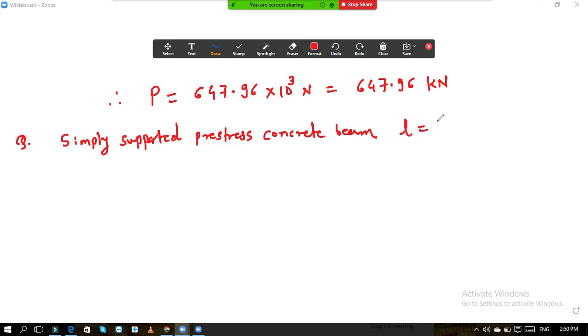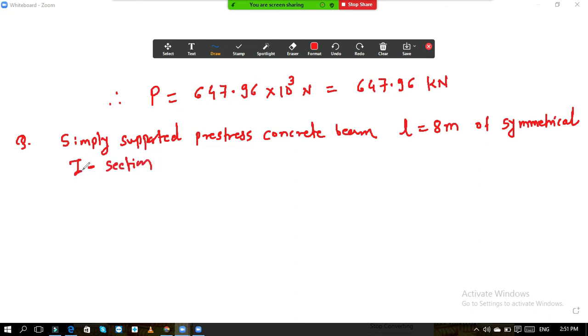Okay, so L is given to you as 8 meter, of symmetrical I section. It is not unsymmetrical, it is a symmetrical I section. So its cross section is I section.